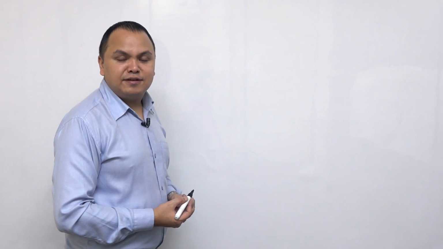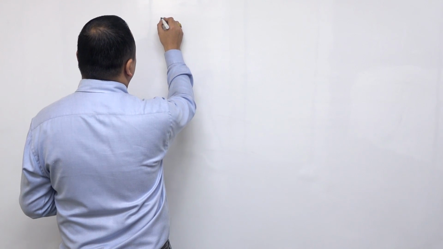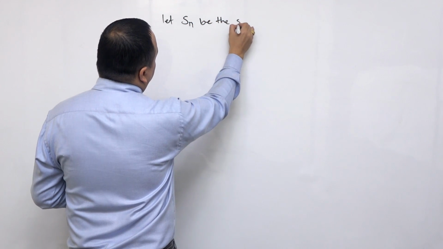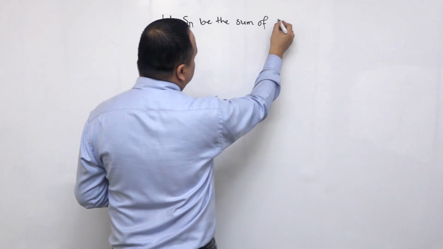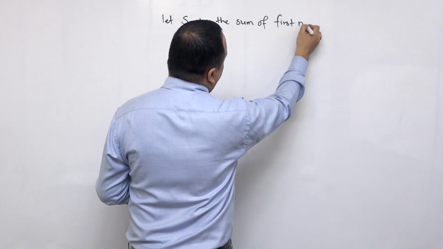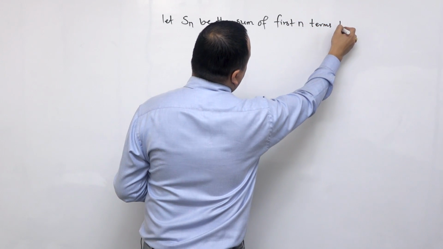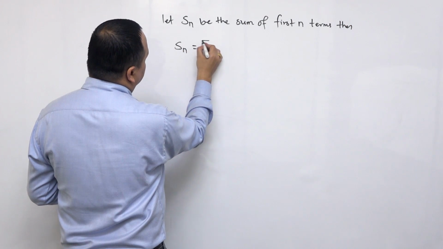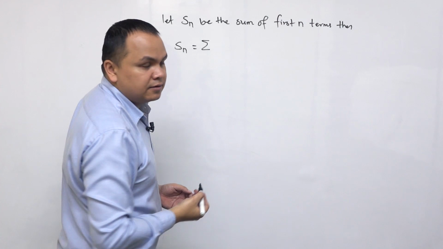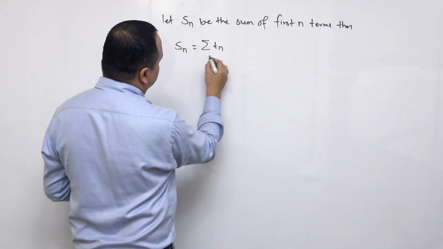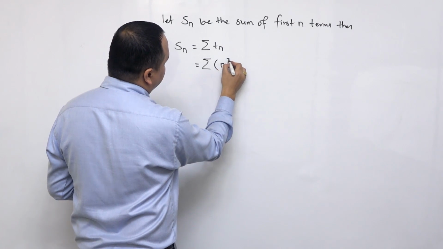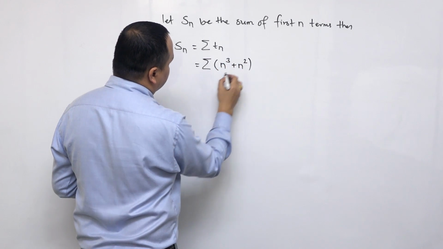Now let Sn be the sum of first n terms. Then Sn is equal to summation Tn, and this is summation. Our Tn is n cube plus n square.